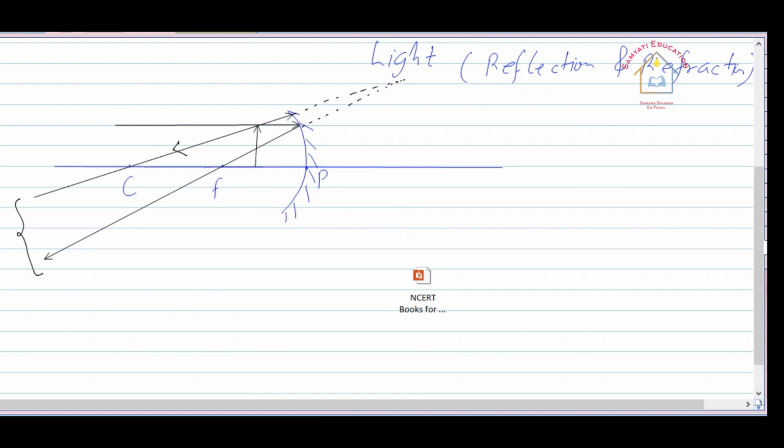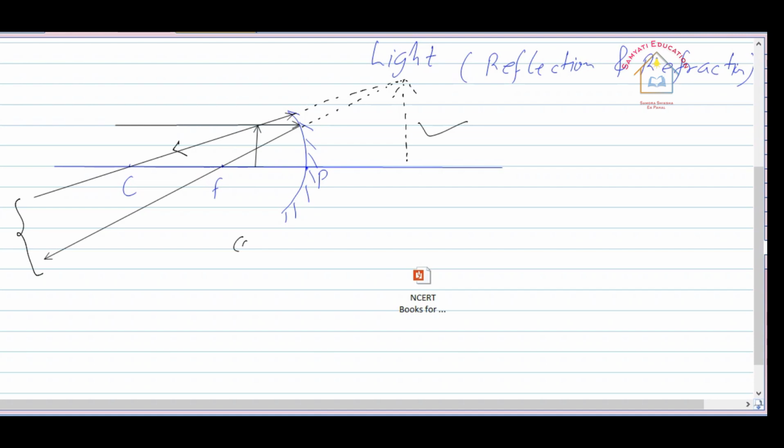And the position of the object will be between focus and pole. This is the only position at which we can get a virtual image in a concave mirror. So option D will be correct, between the pole of the mirror and its principal focus.